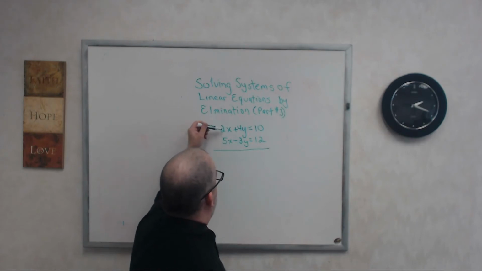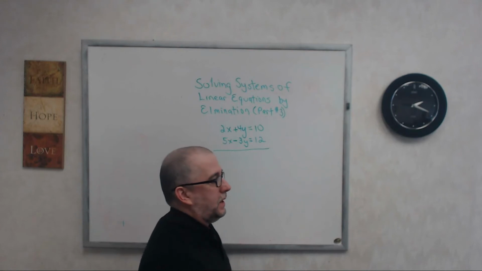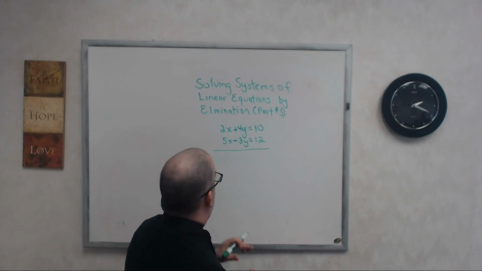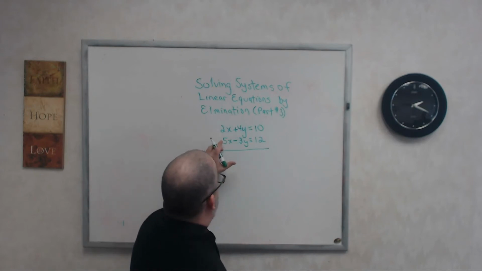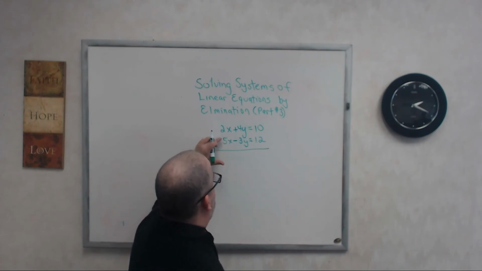We have to find the lowest common number between the two when we multiply. 10 would be the lowest number that both 5 and 2 go into.